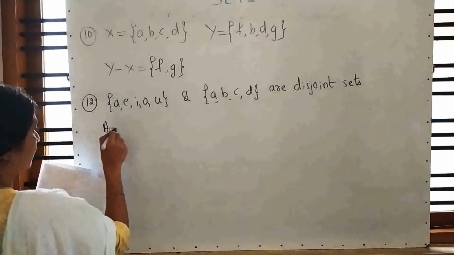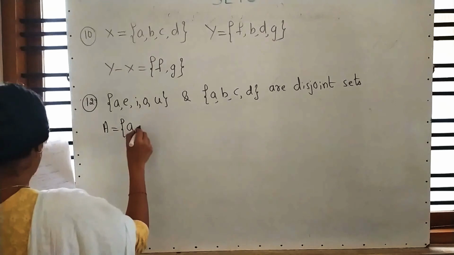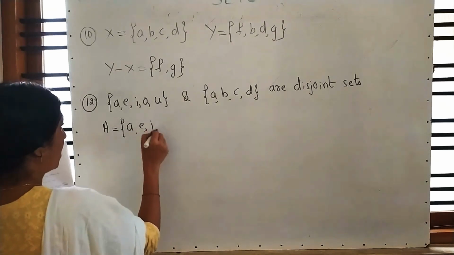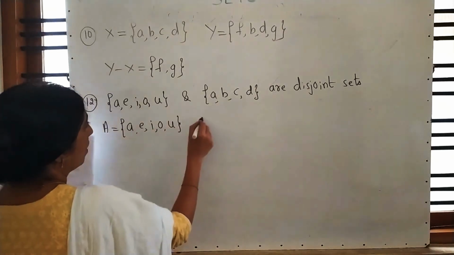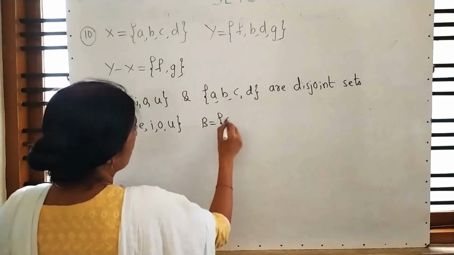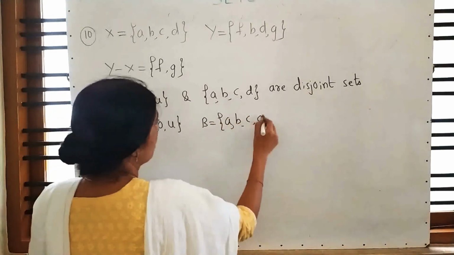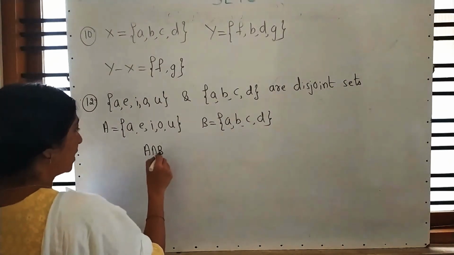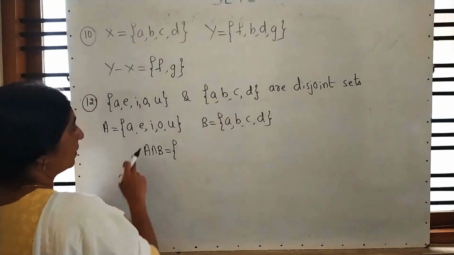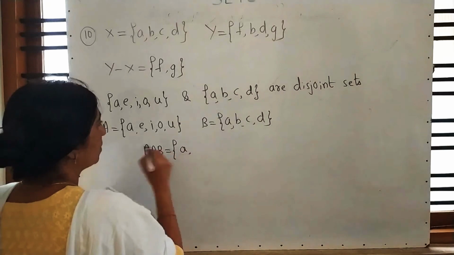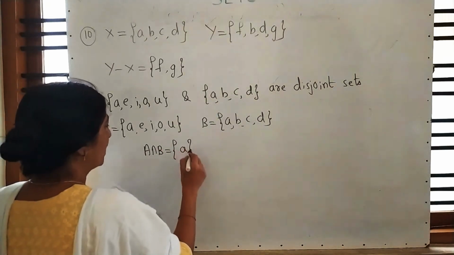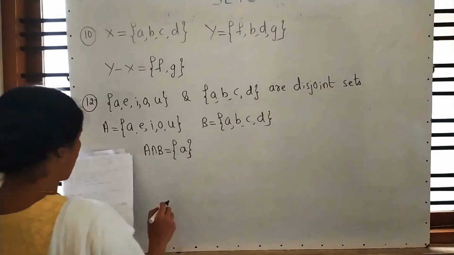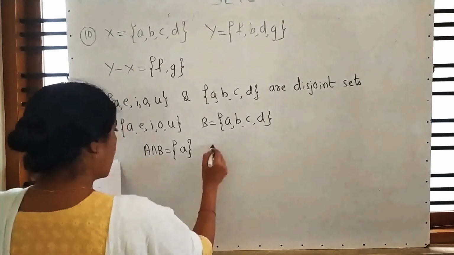I am calling the first set as set A: A, E, I, O, U, and set B as B, C, D. If you take the intersection of A and B, the common element is A, present in both. No need to check further, if any one is present means they are not disjoint. So the given statement is false.